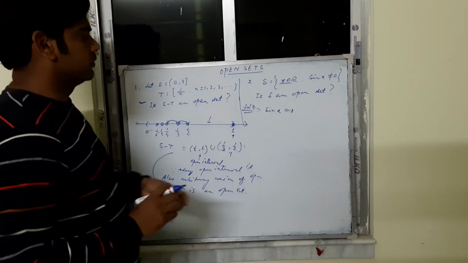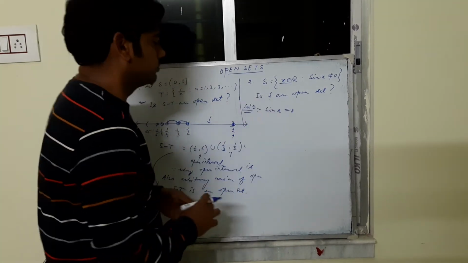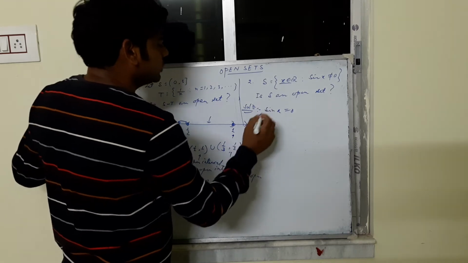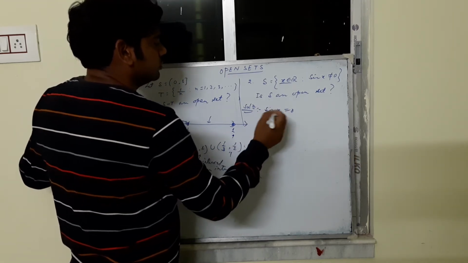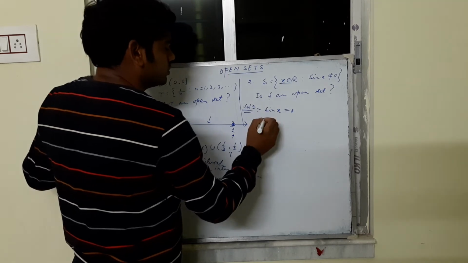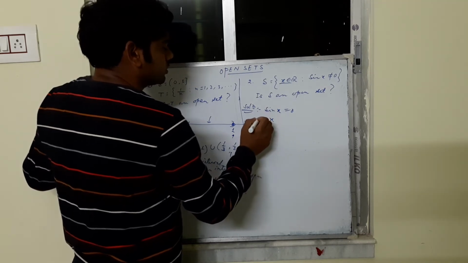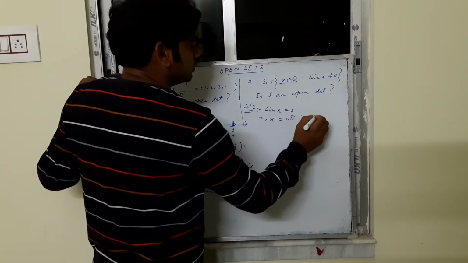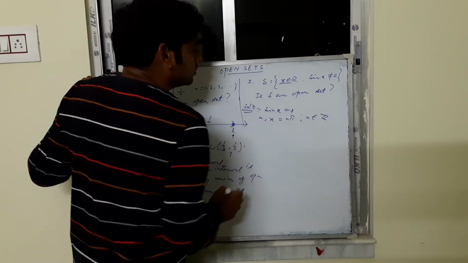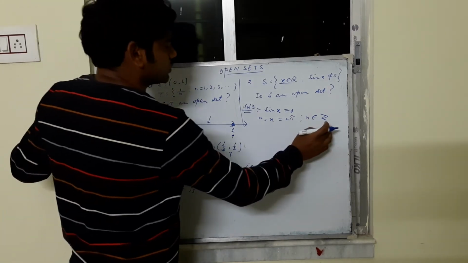First of all, we find all those x for which sin x vanishes. So sin x is equal to 0, from higher secondary we know that sin x is 0 if and only if x equals n pi, where n belongs to the set of all integers.